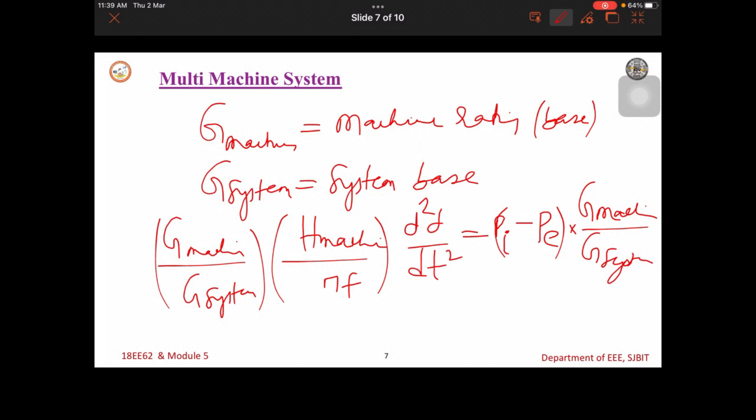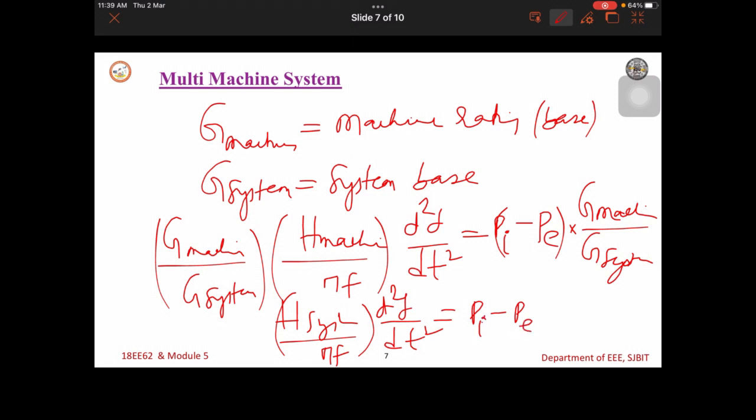So, this can be written as H system, M is equal to GH by pi f. With that we can write H system divided by pi f, d squared delta over dt squared, is equal to Pi minus Pe. So, this is written in per unit on system base.